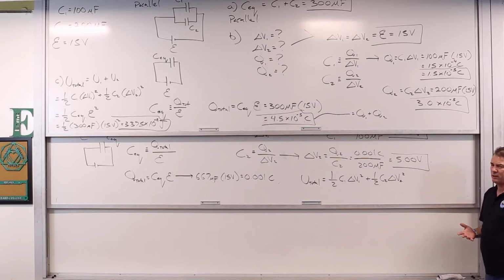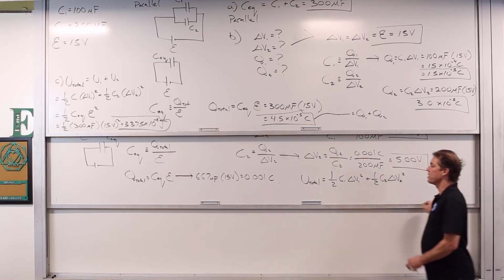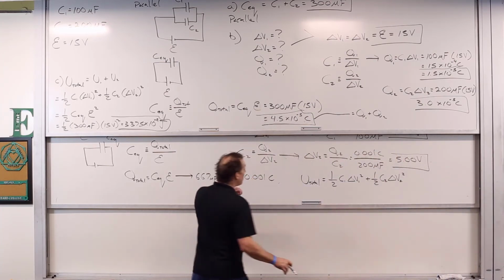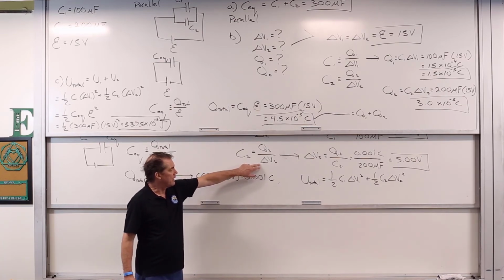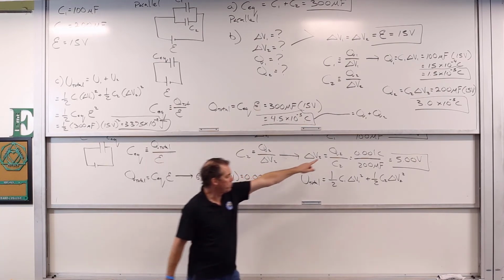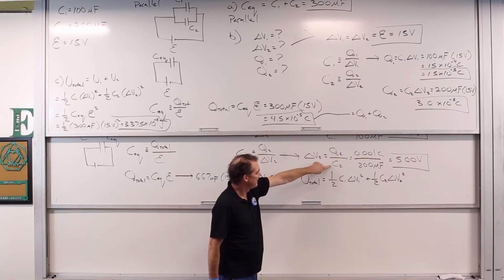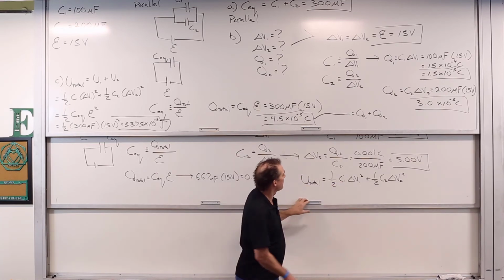Are those two really equal? It's pretty easy to see with the parallel case, but with the series case, not so easy to see unless we rewrite things a little bit. So note something here. We could rewrite delta V in terms of Q's and C's, right? So if I say, well, what's delta V1 squared?